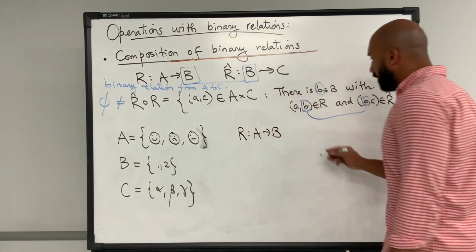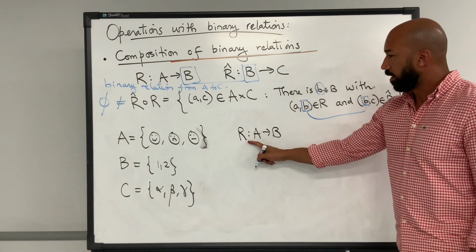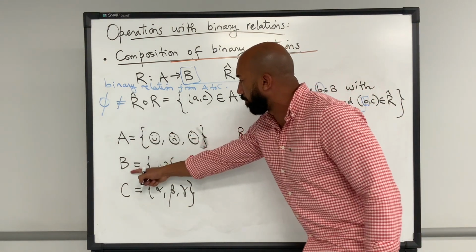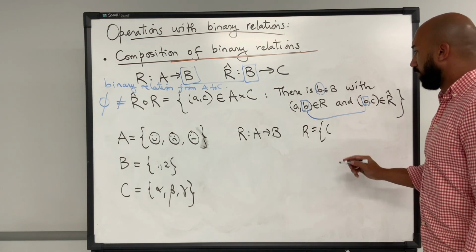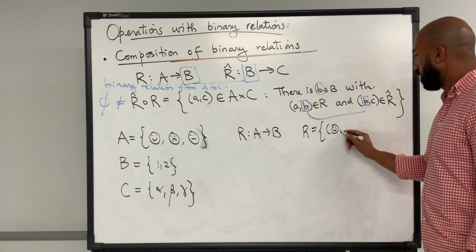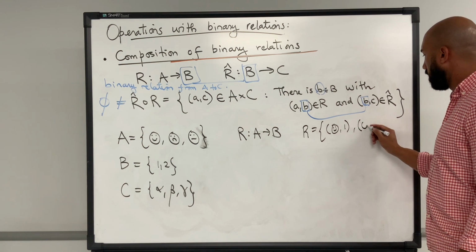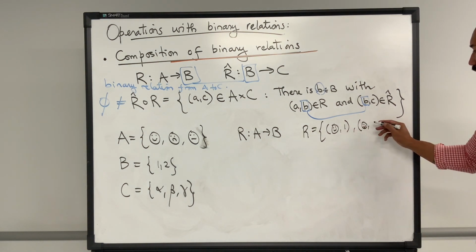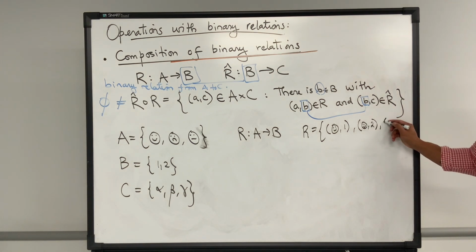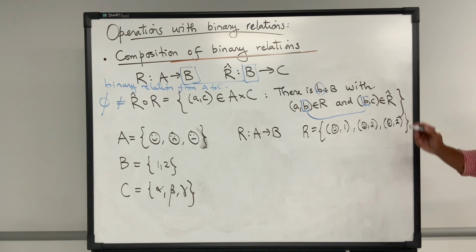So we have these three sets. R is a binary relation from A to B. Happy face, comma 1 is the first pair. Happy face, comma 2 is the second pair. Sad face, comma 2 is the third pair, and that's it.